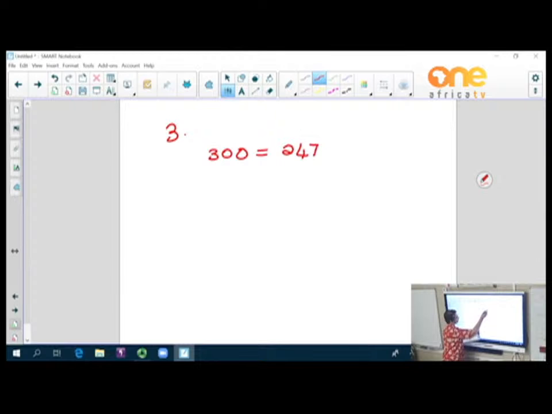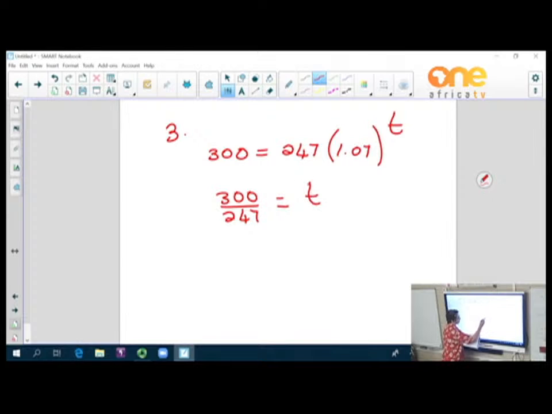Initially, it was 247 million. Look at the growth factor. It's a growth, it's 100% plus that 0.7%, so that's why it's 1.007 to the power of t. You want to find the time, so we are going to divide with this initial value first.